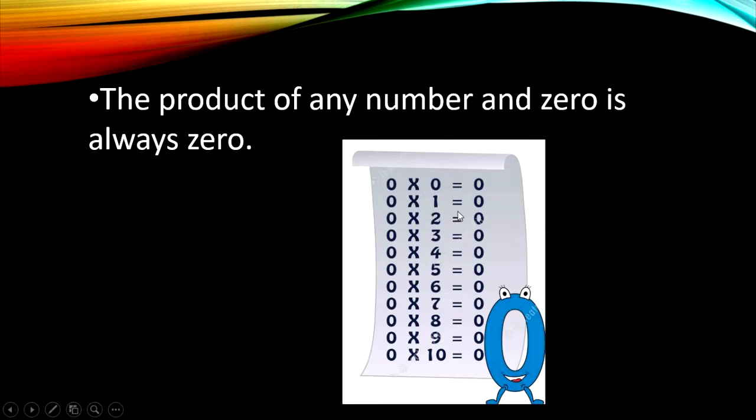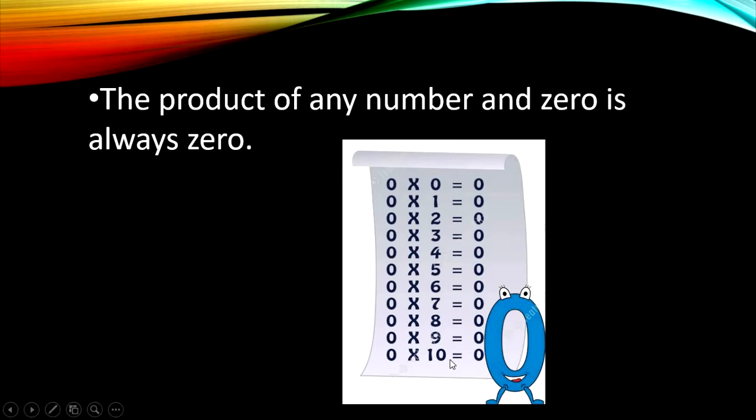0 times 1 is 0. 0 times 2 is 0. 0 times 3 is 0. 0 times 4 is 0. 0 times 5 is 0. 0 times 6 is 0. 0 times 7 is 0. 0 times 8 is 0. 0 times 9 is 0. 0 times 10 is 0.